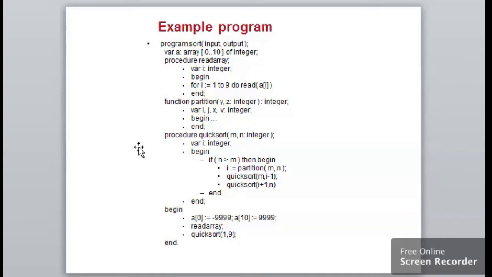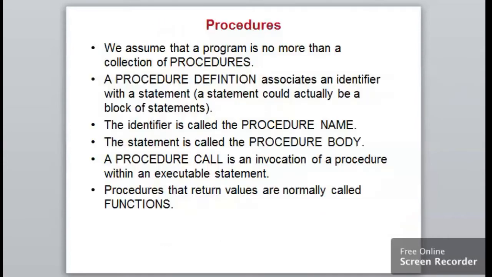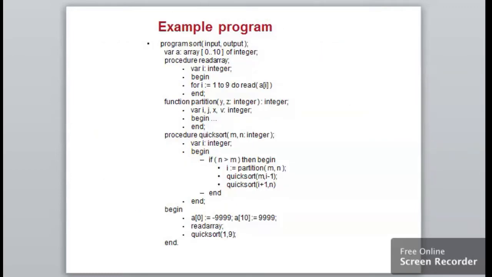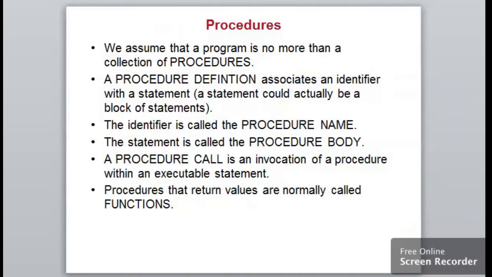Now based on this program, we assume that a program is no more than a collection of procedures. Secondly, a procedure definition associates an identifier with a statement; the identifier is called the procedure name, and the statement is called the procedure body.